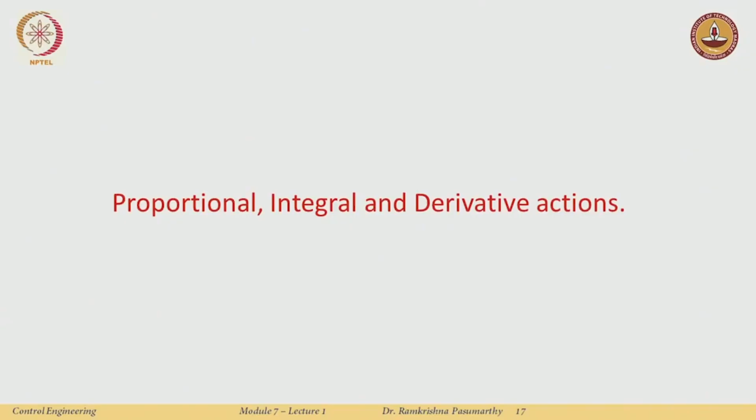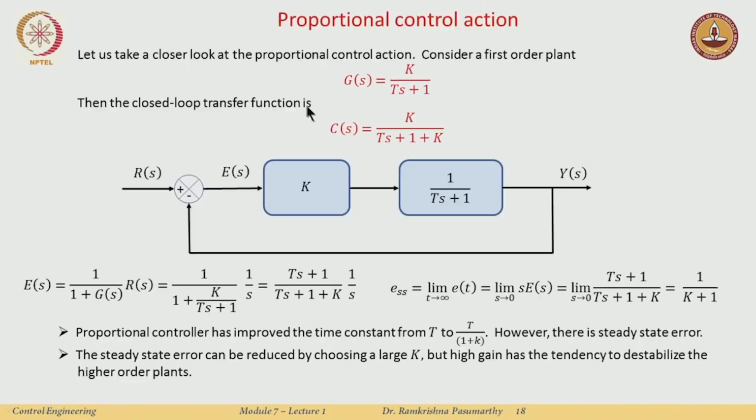So, the proportional control action now. Let me start with a first order system, a proportional controller, with the closed loop transfer function k over T s plus 1 plus k. What is the error if the reference is a step function?